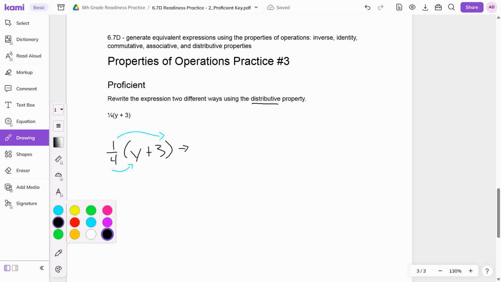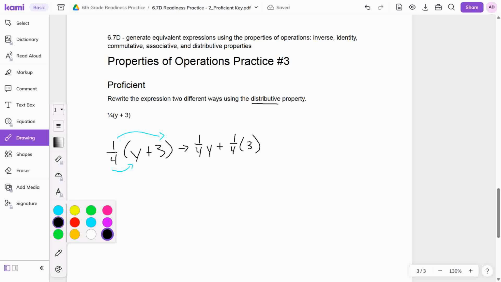All right, so really this means 1/4 times y, and then I'm going to add the 1/4 times 3. Now, here are some different ways I can show this. And this is where we need to understand there are different ways to show fractions. So we think about reciprocals, okay?